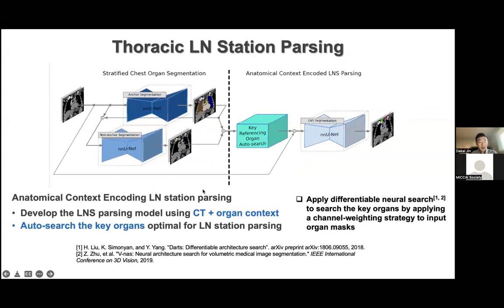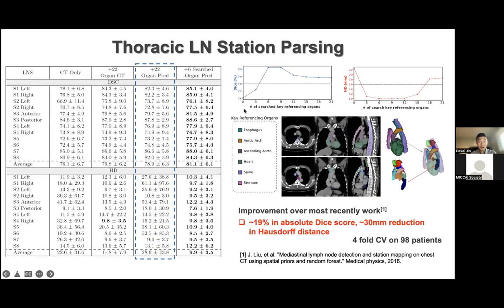So in this work, the authors conducted a key organ search using a differentiable network search architecture. After they gathered the 22 organs, they combined them with the CT images, and conducted a key organ search to automatically determine which organs are important for the AI models to learn the station boundaries. And the results are pretty interesting.